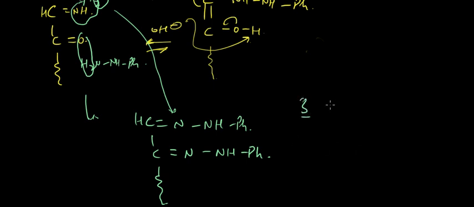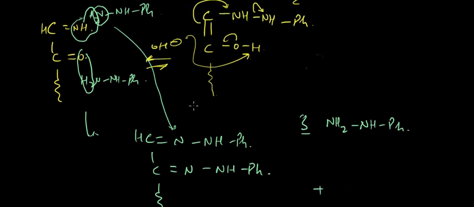So a total of 3 moles of PhNHNH2 were consumed in the reaction. The leaving products would be one NH3 and another water.